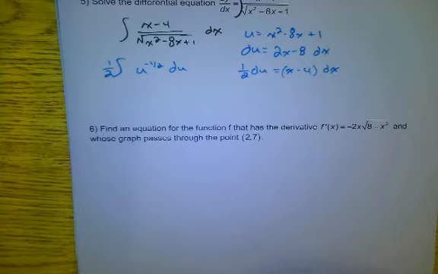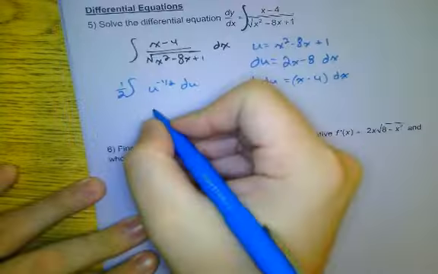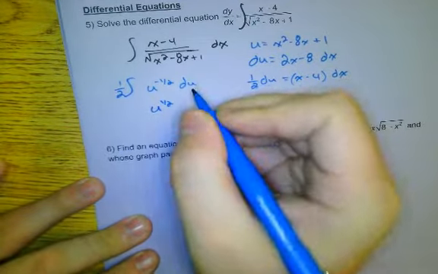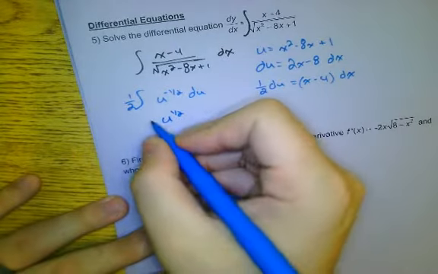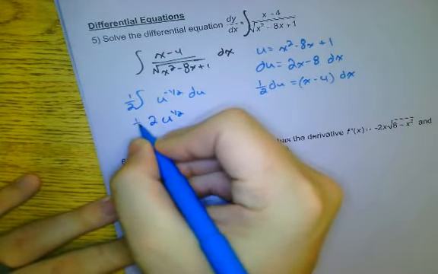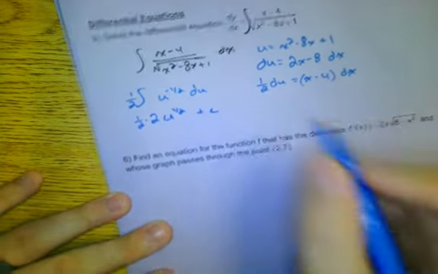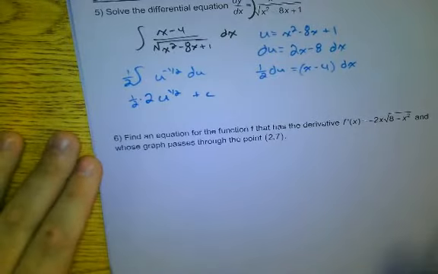Alright, going to Neelish, our expert on the power rule for antiderivatives. Neelish, what is the antiderivative of u to the negative 1/2? I like it. Keep going, Neelish. Oh, don't forget that 1/2 in front. Plus c. Oh my gosh.